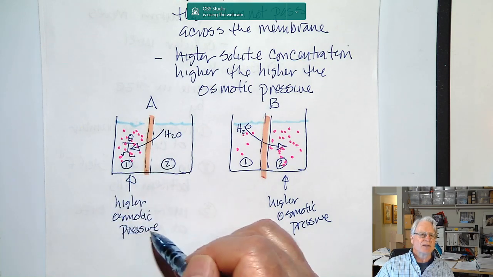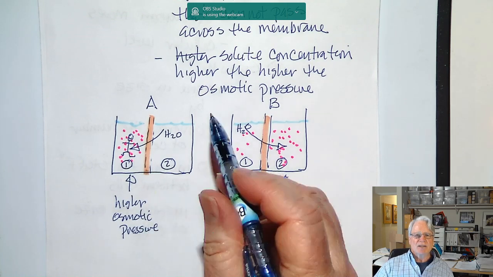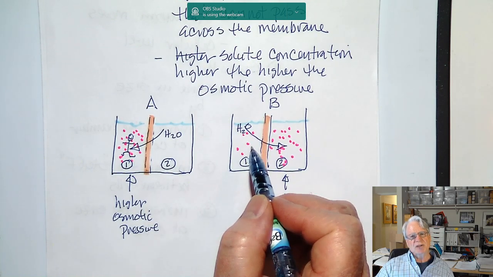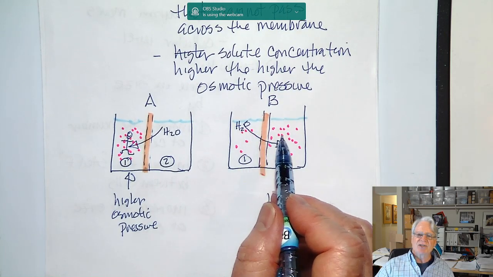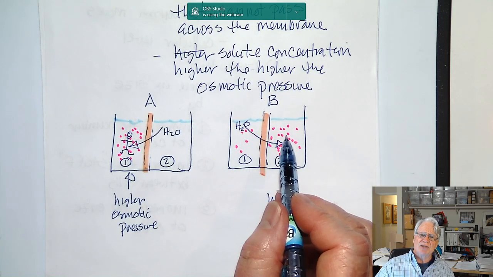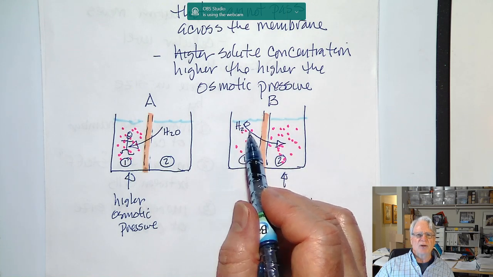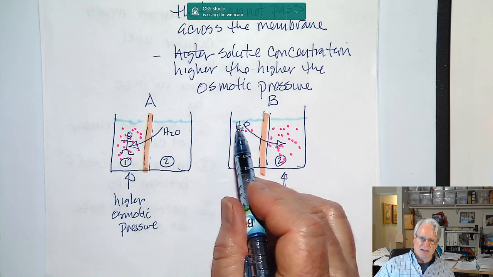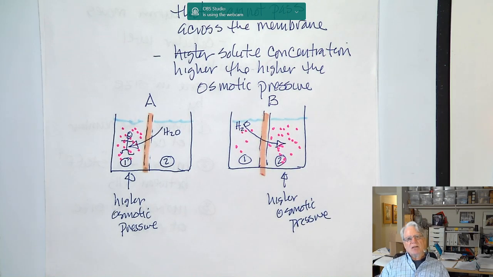That's the osmotic pressure. That's a higher osmotic pressure, okay? This has an osmotic pressure too because it has some solutes in it, but does not have the same as this. This has the higher osmotic pressure. This has some, this has more. So water is going to move from this area to that area, okay?